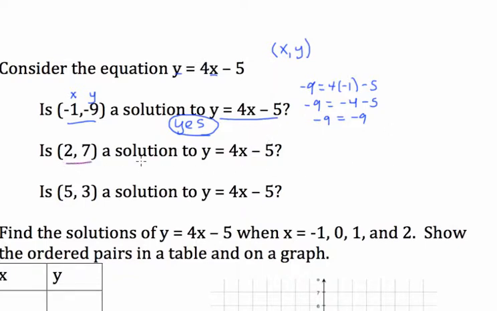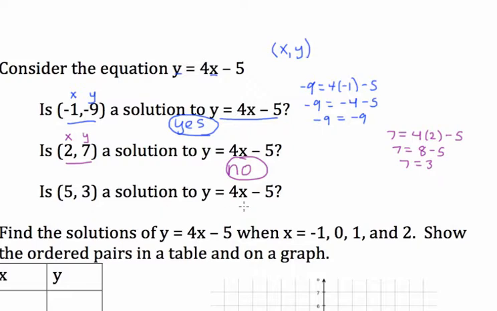Is -2, 7 a solution to y equals 4x minus 5? The x-coordinate is -2, the y-coordinate is 7, sub in. I don't end up with a true statement. I end up with a false statement, so no. The point -2, 7 is not on the graph of this line, and it does not satisfy this equation.